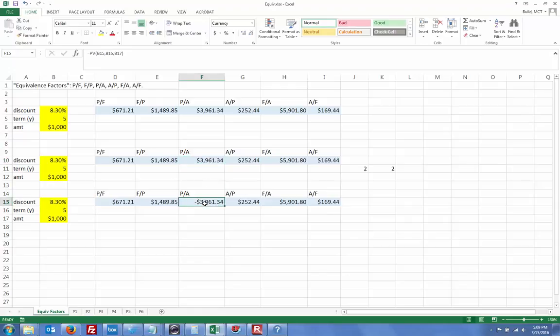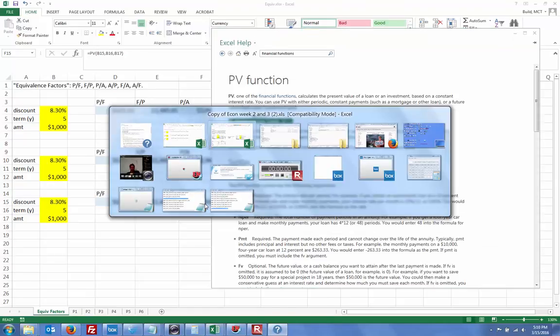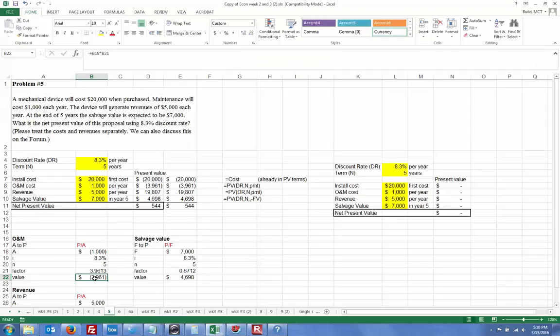Right. It's the PV with the 3 arguments. Okay, so the function's working. So just go and use PV instead of the thing. Okay, so the 3961 is not an asset, it's a liability, so it, like the 20,000, is negative.